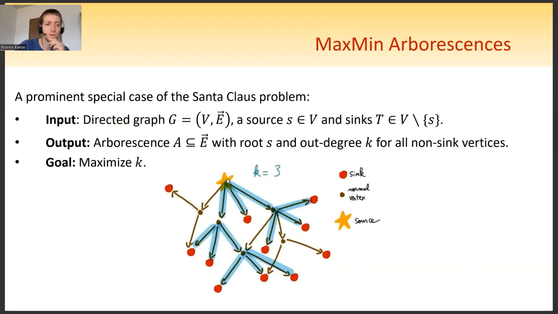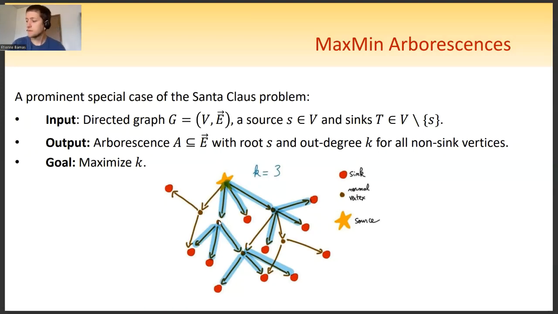Here's a feasible solution for k equals 3. You can check that the set of blue edges forms an arborescence rooted at the source and all the edges are oriented away from the source. You can check that the source has out degree 3 and every vertex that is not a sink and is in the arborescence has out degree 3. So that's a feasible solution for k equals 3.